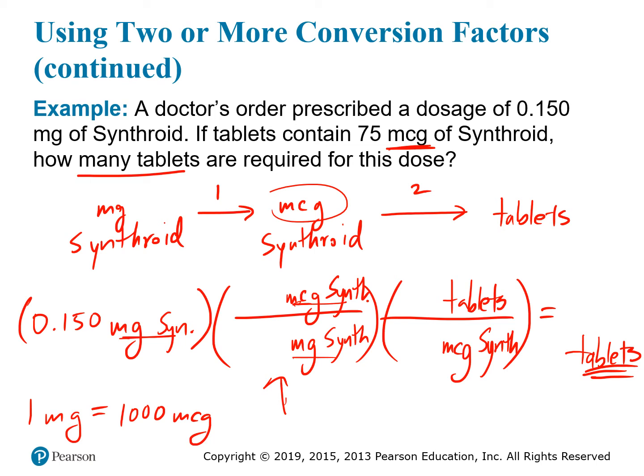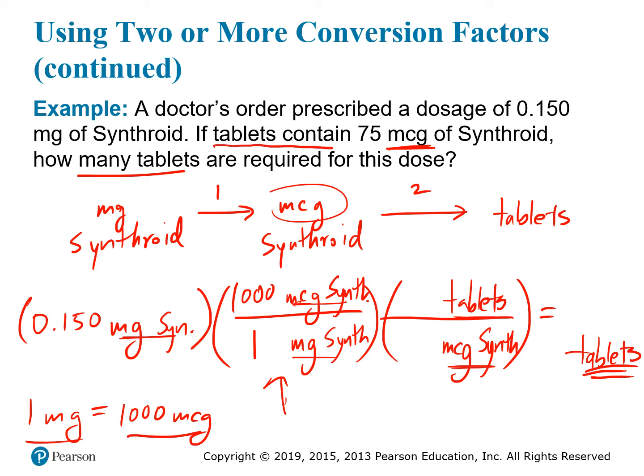From that metric equation, we can put these numbers in. Micrograms goes on top, so that's where the 1,000 goes, and milligrams is on bottom, so that's where the 1 goes. The second conversion factor tells us that we need to look for a relationship between micrograms of medicine and tablets. That is in the question.